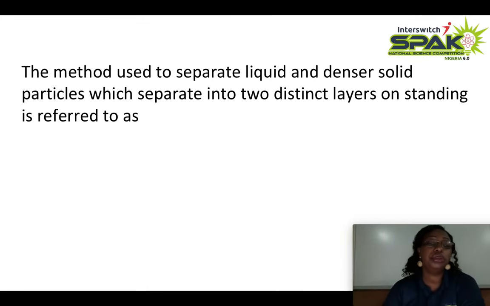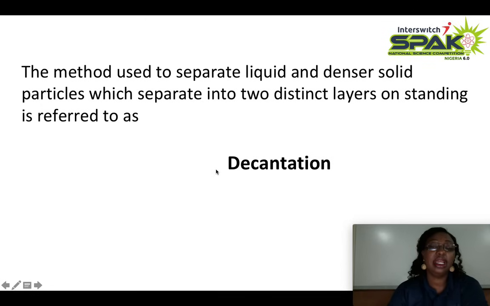The method used to separate liquid and denser solid particles, which separate into two distinct layers on standing, is referred to as decantation. Did you get it?